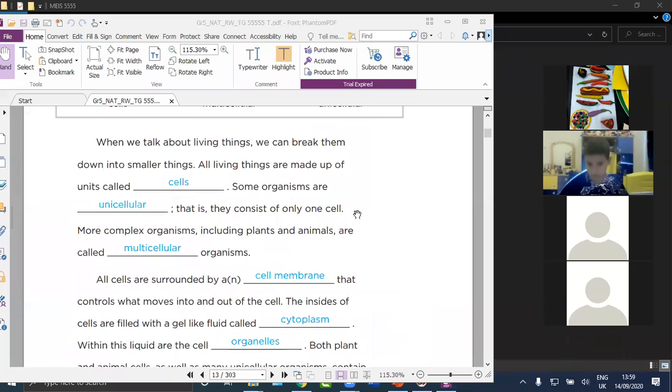When we talk about living things, we can break them down into smaller things. All living things are made up of units called cells.